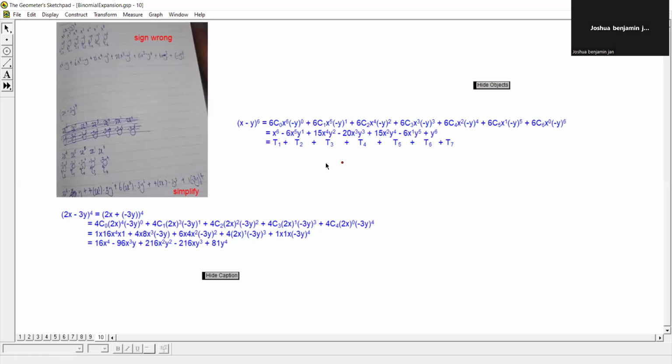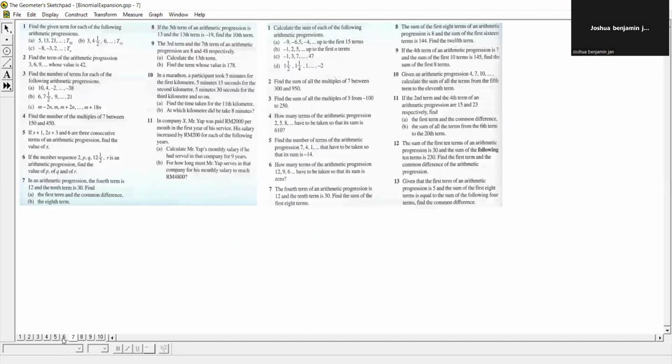So other than that, everything is correct. So remember, if you encounter a negative sign, please make sure that it will be negative, positive, negative, positive.